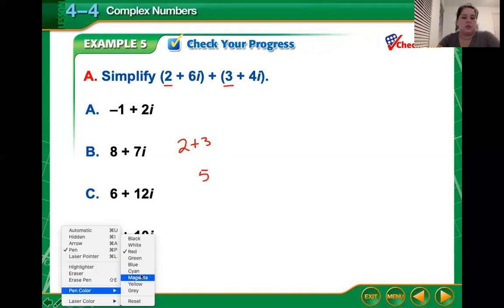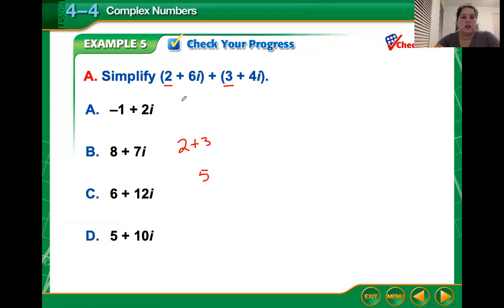And then we're going to do imaginary with imaginary. So I'm going to get plus 6i plus 4i, which gets me 10i. So you can treat i like a variable. You're just going to add the coefficients as such. And with that, we get D.